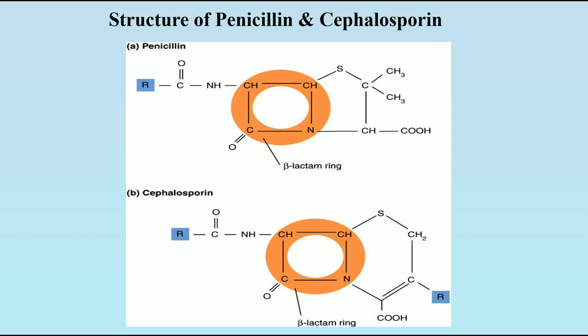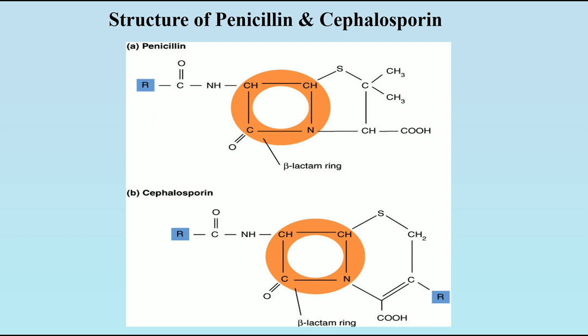So the difference between penicillin and cephalosporin is that the R group in penicillin is 1, and the R groups highlighted blue in cephalosporin are 2, one at the start of the structure and one at the end of the structure. And these R groups are responsible for different modified forms of penicillin.